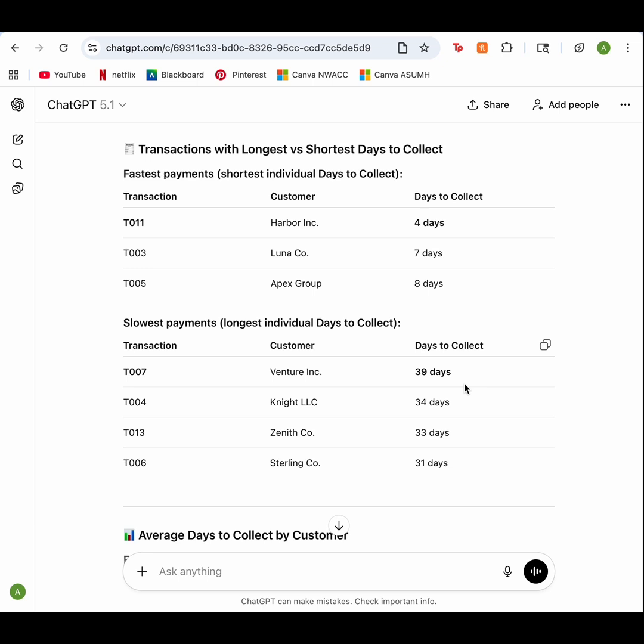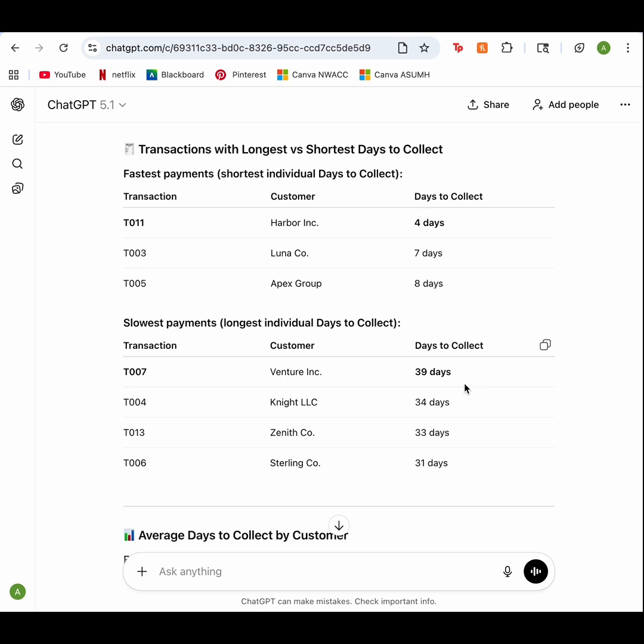But then we have Venture Inc., which takes 39 days. This is important because for those companies that take longer, they might need follow-up emails. But for those companies that take a shorter amount of time, they might have the opportunity to be offered things like sales discounts because they always ensure that they pay on time.